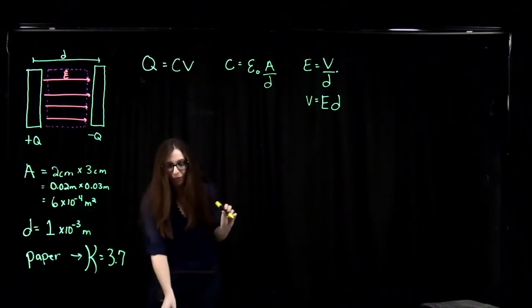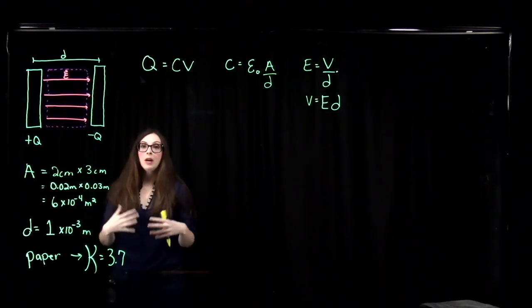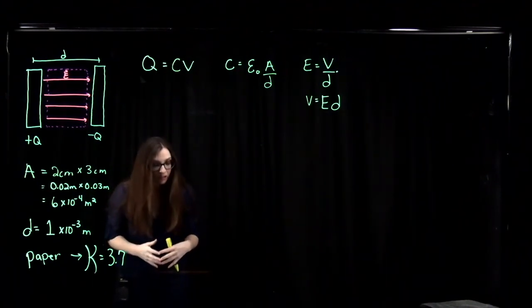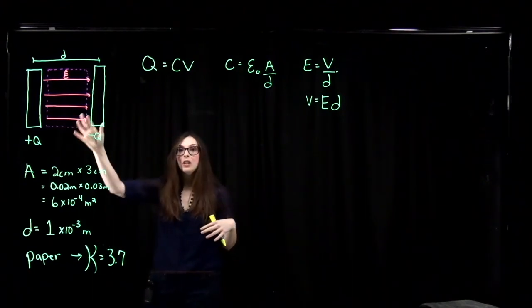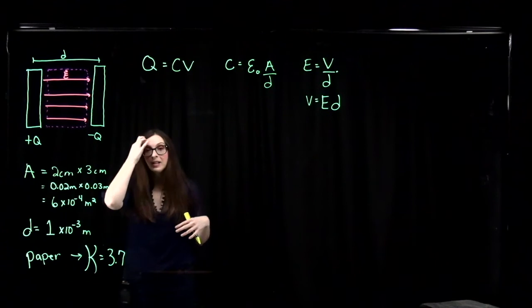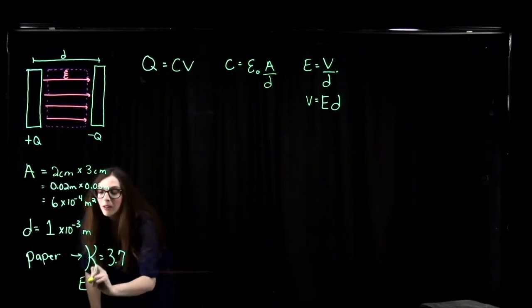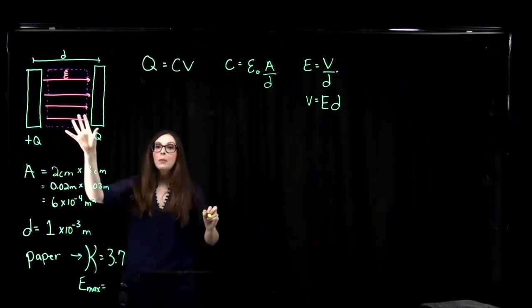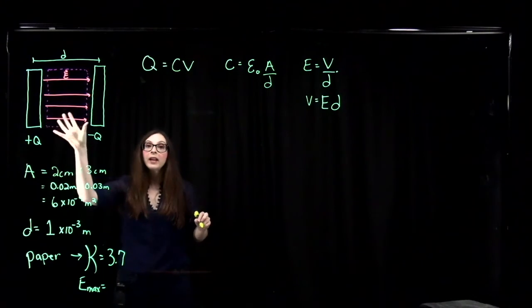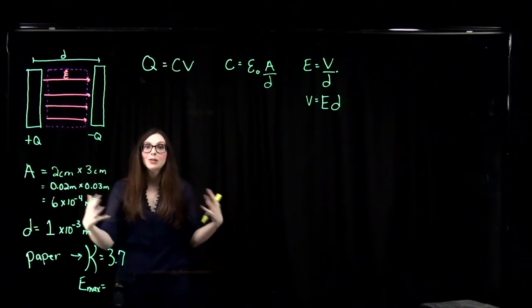And eventually we're also going to need this number, the maximum electric field that is possible inside this capacitor before the capacitor starts to break down. That maximum electric field for paper, it's the maximum electric field that you can get inside this capacitor before the dielectric itself starts to break down.